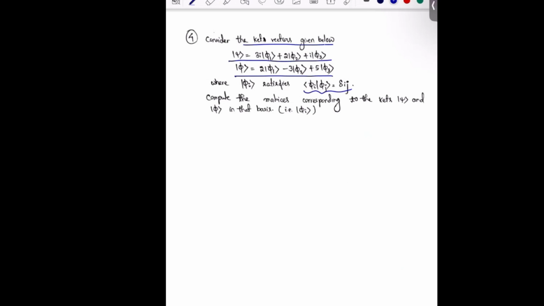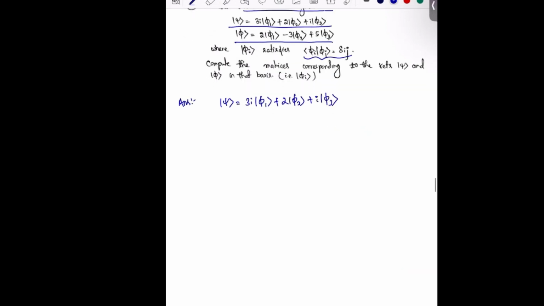Now it is asking to compute the matrices corresponding to the kets psi and phi in that basis phi, that is, to represent the given expression in terms of matrices.